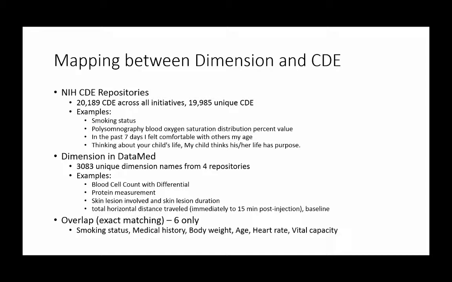So this is a little prototype we did in Datamed, trying to enable the search of CDE. What we did was a very simple NLP-based CDE encoding service. This is the component we developed. The dimension field goes through this. We map whatever we think can be mapped to the CDE identifier, find them and label them with the identifier.